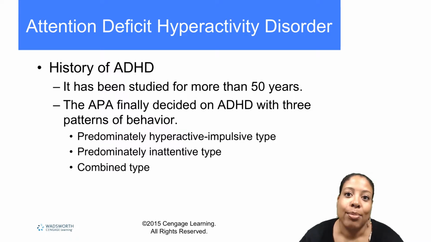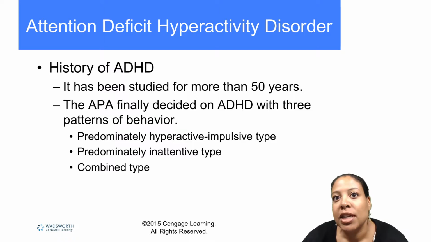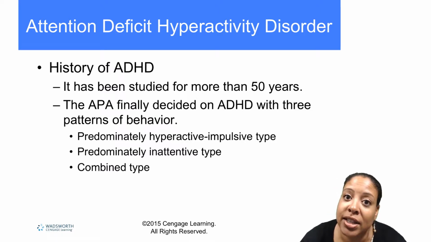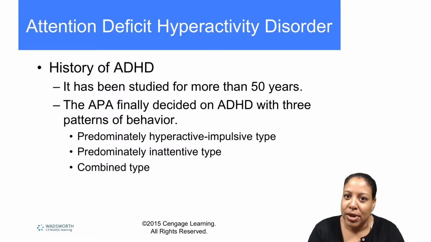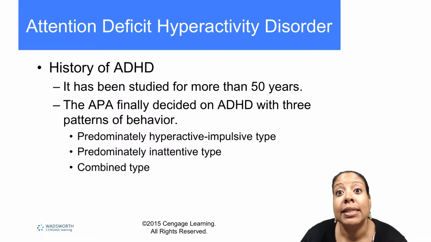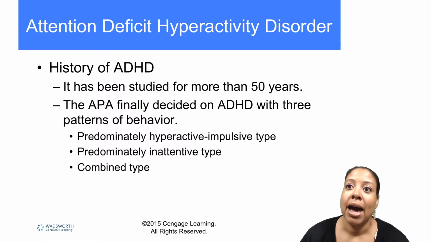Attention deficit hyperactivity disorder. So the history of ADHD. It's been studied for more than 50 years, although it was discovered in the late 1800s. It's been studied for about the last 5 decades. The APA, the American Psychological Association, finally decided on ADHD with 3 patterns of behavior.